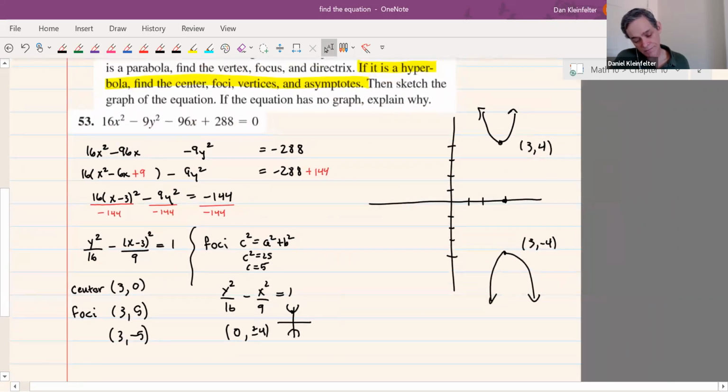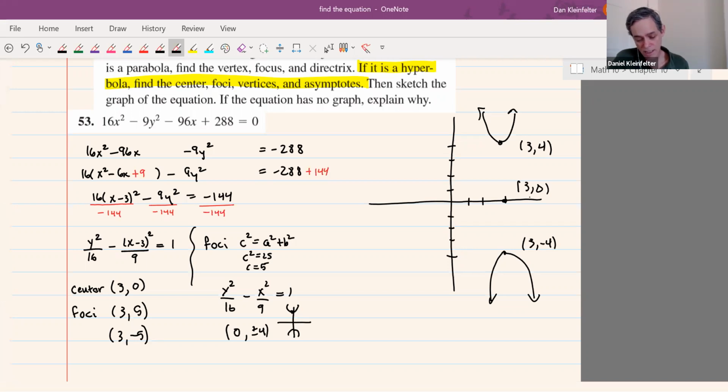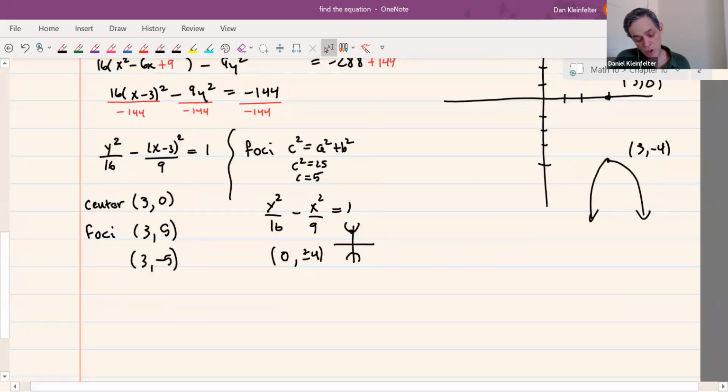So the asymptotes will have to pass through the center, which is (3, 0). And then we can figure out what their slopes are. It's been a little while since we did the slopes on these asymptotes, but let's think about it. The asymptote slopes will be the change in y over the change in x.